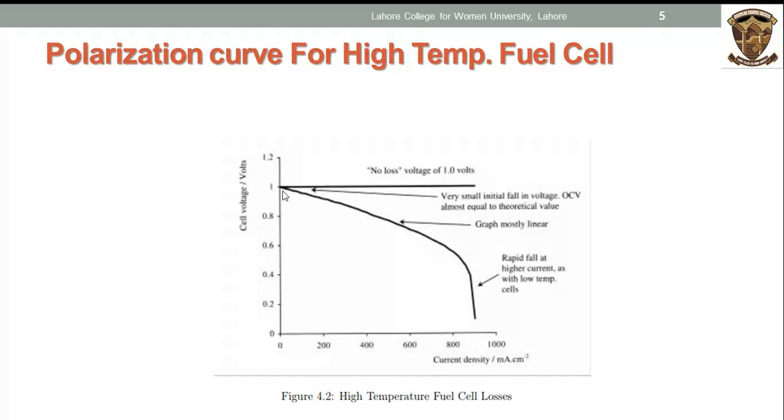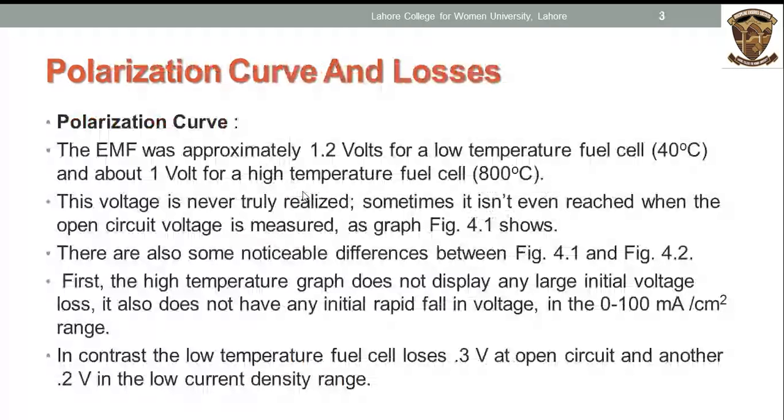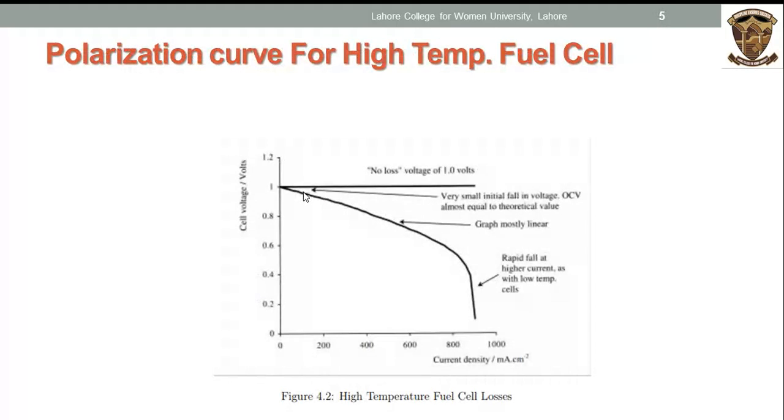And also it is described that in the start, there is no real loss in the start range, that is from 0 to 100 milliampere per centimeter square. Like in this current density range, from here to here, there is no loss. 0 to 100 milliampere per centimeter square, there is no loss.